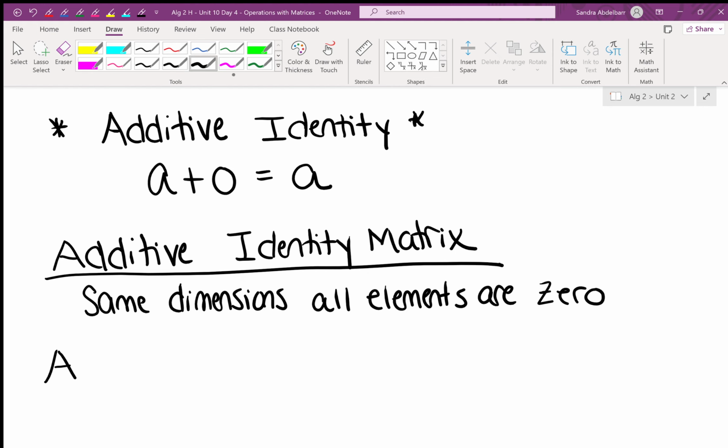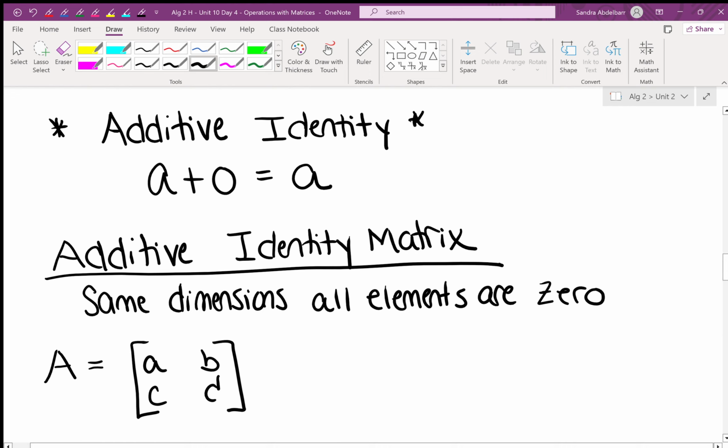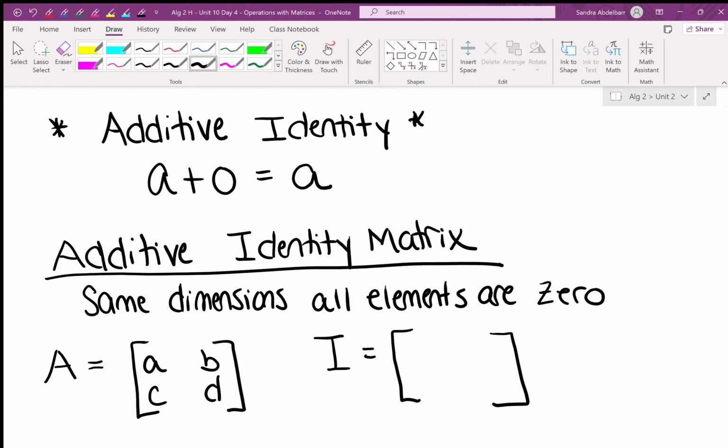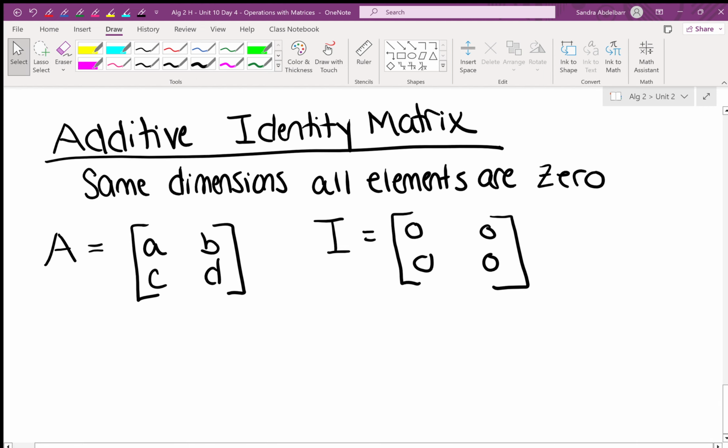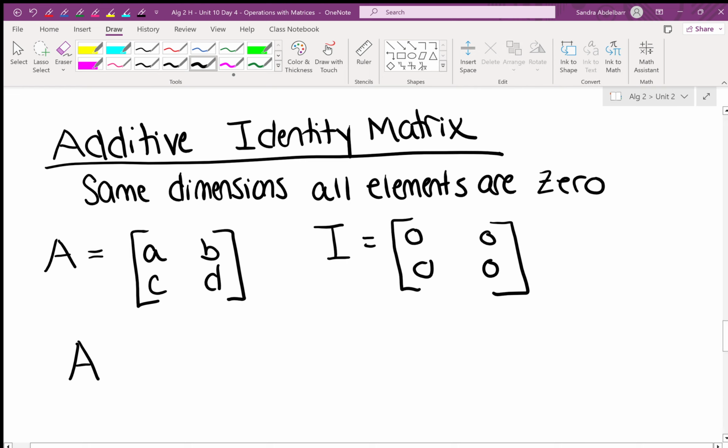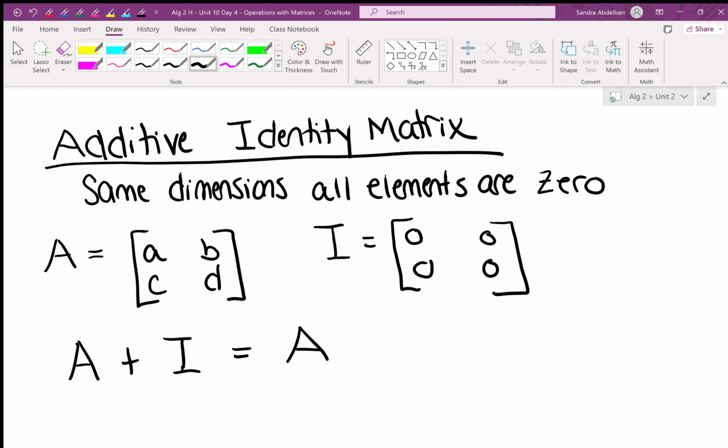So let's say I have matrix A, which is A, B, C, D. The identity matrix is going to be the same dimension, so we can add them, right, as the original. So we're 2 by 2, but this time all the elements are 0. And what do we know about matrix A plus matrix I equals matrix A?